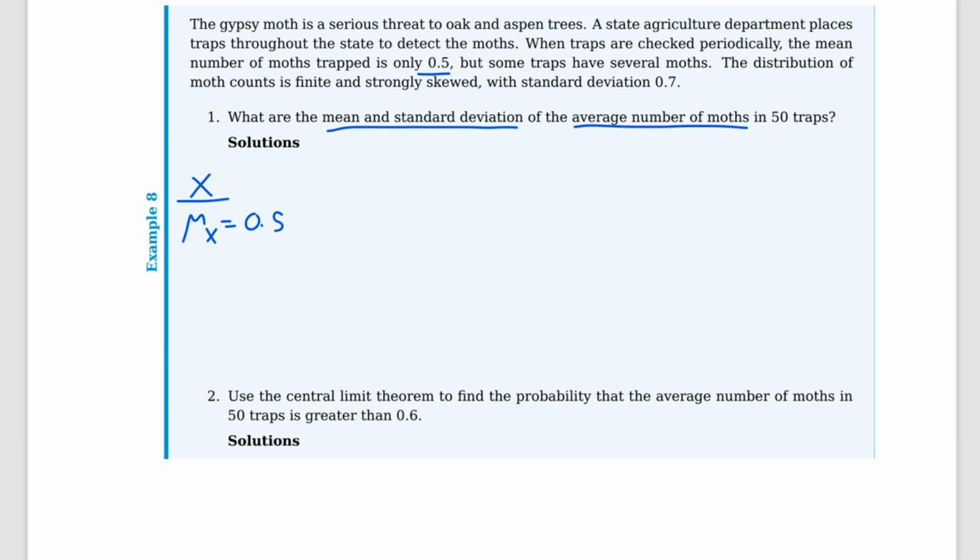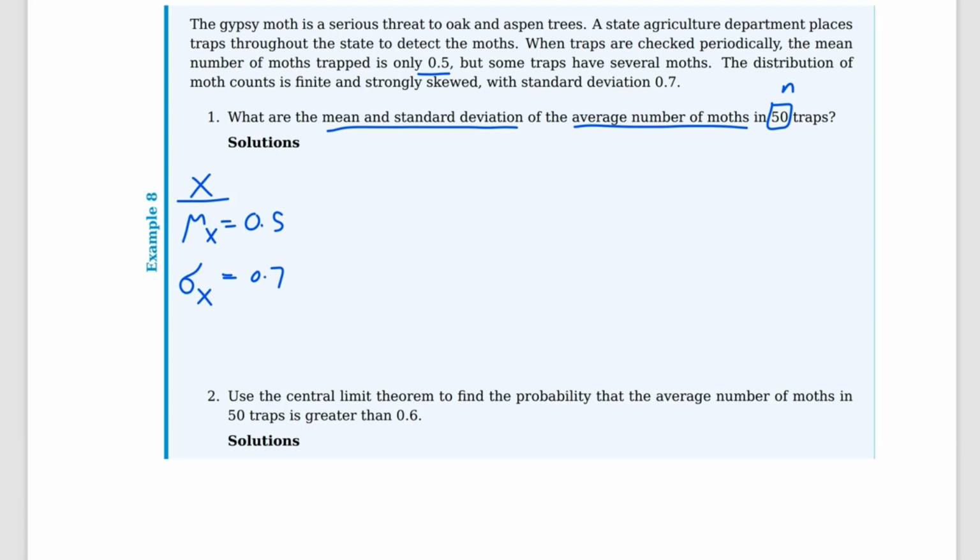And the standard deviation of X equals 0.7. Those are the information we have now, right? And we also know n, the sample size. Now they are asking, read the problem again, the mean and standard deviation of the average number of moths.